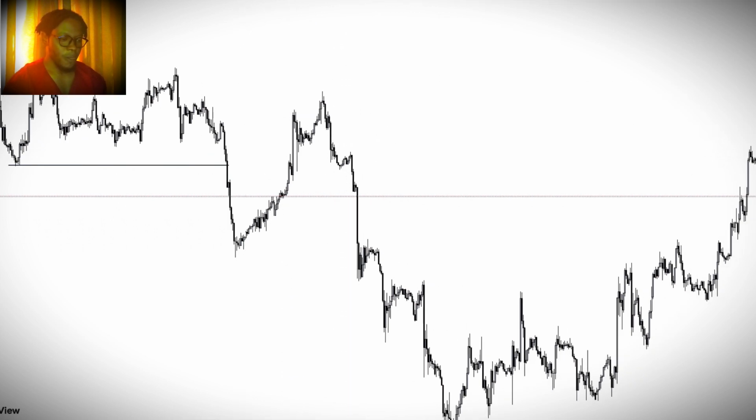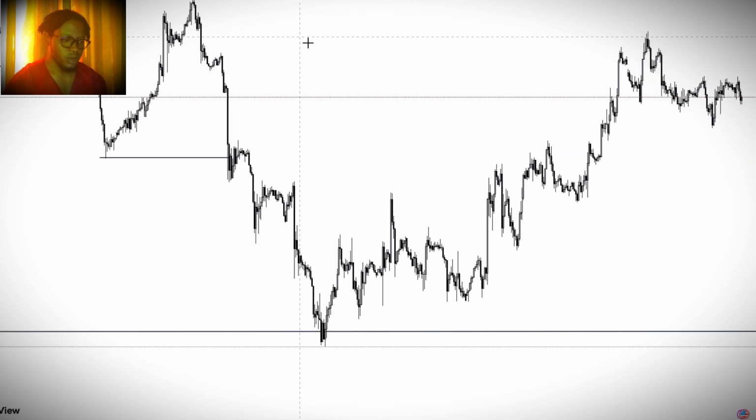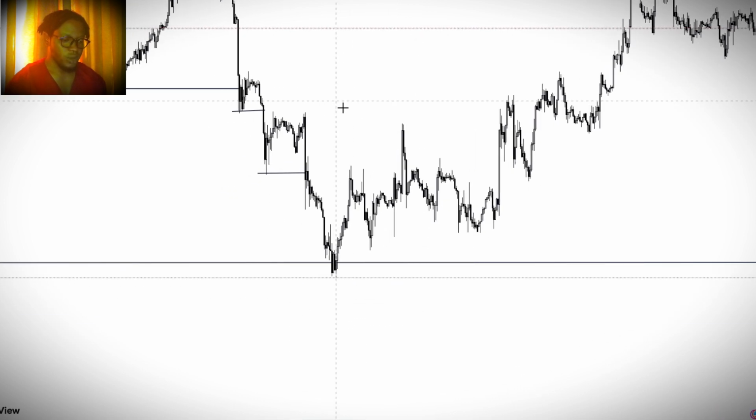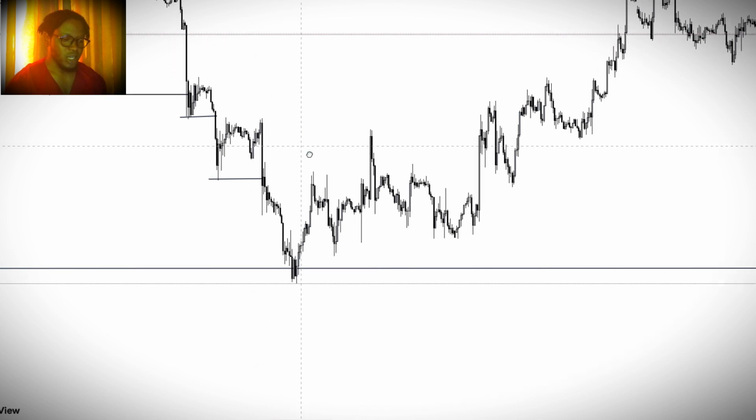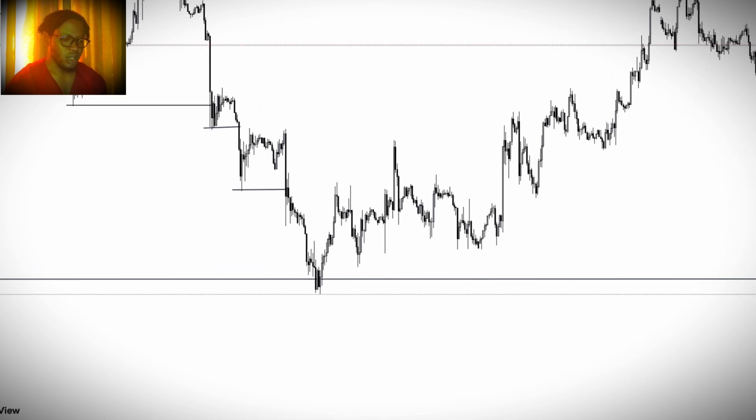Break of structure here also, and another break of structure, and another break of structure also.